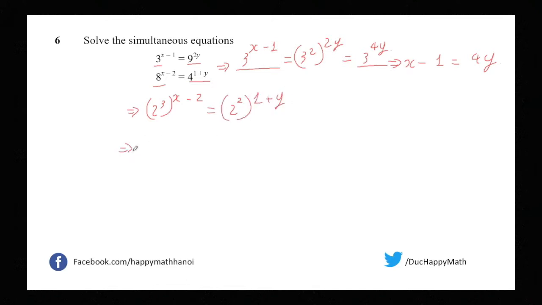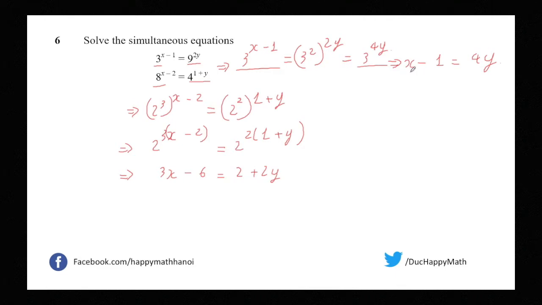And then you will get 3x minus 2 and 2 here is 1 plus y. So they have the same base number, so let's put the powers equal together. It means 3x minus 6 equals 2 plus 2y.